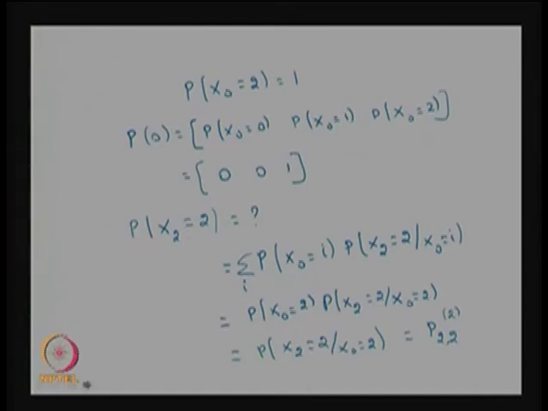This is same as you find out the P square matrix, and from the P square matrix this is nothing but the (2, 2) element, that is going to be the last element. Out of that 9 elements, the third row, third column element is going to be the element for this probability.